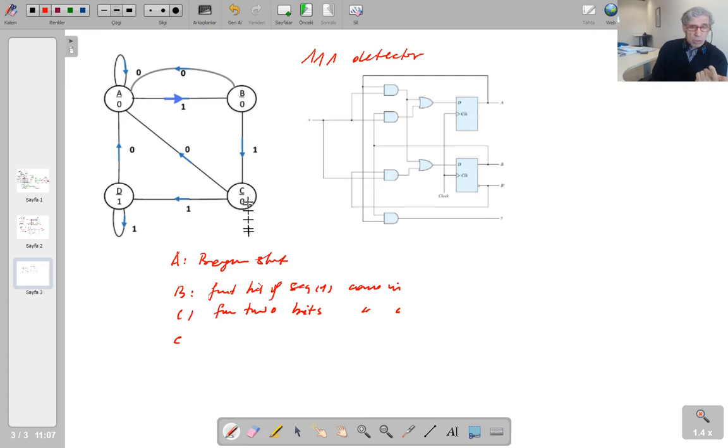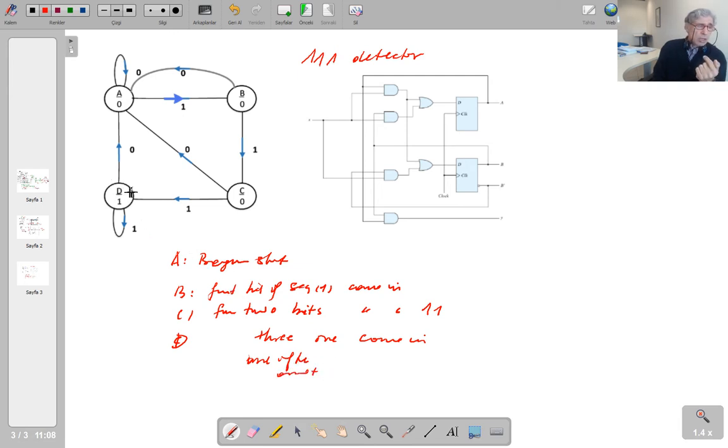When you are in state C, that means 2 1s came in. When 2 1s came in, another 1 comes in, you're going to go to a new state. It says 3 1s came in, one after another. I should have said that one after another 3 1s came in.